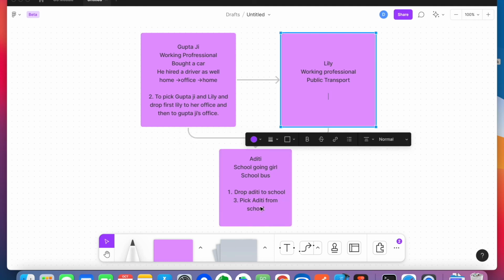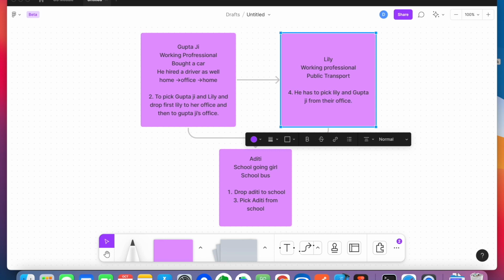After picking Aditi from school, he used to drop Aditi at home, and then he used to go to Lily's office, and then he has to pick Lily and Gupta ji from their office and drop them to the home.